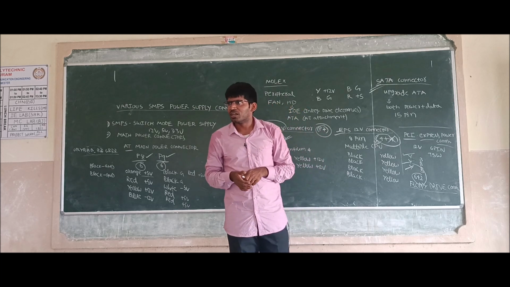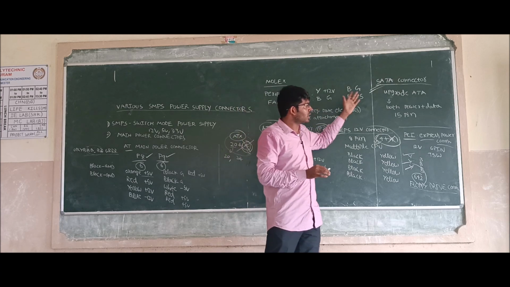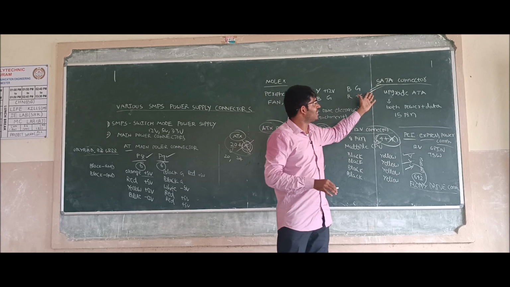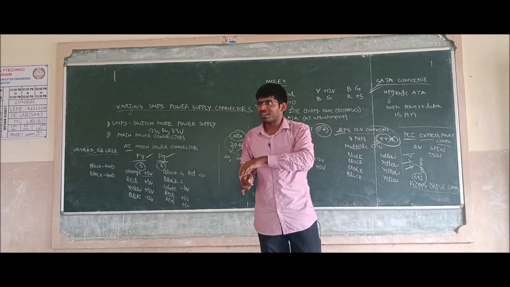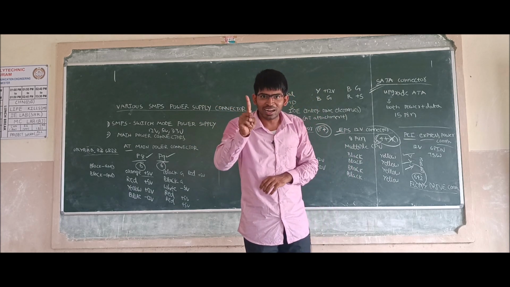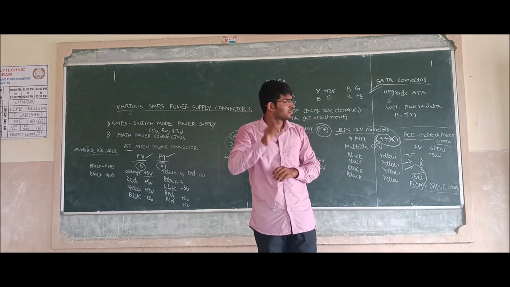Because in the initial days, they used it to power up the drives also. But nowadays we are using SATA. It is the upgraded version of ATA. Serial ATA, 15 pin. Which power connector can send data and power? SATA. In the connectors we discussed, it is only SATA.